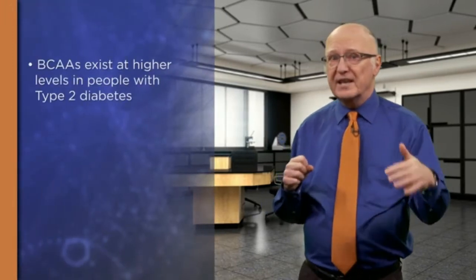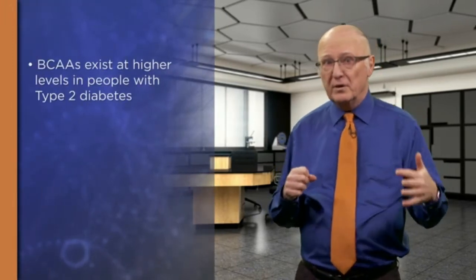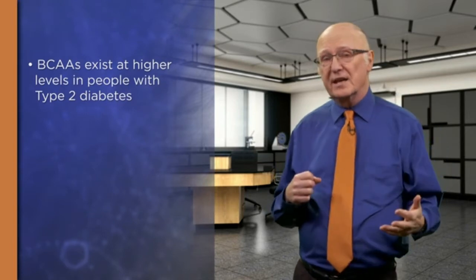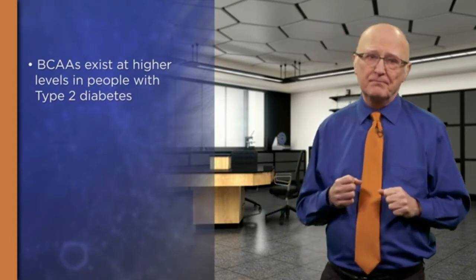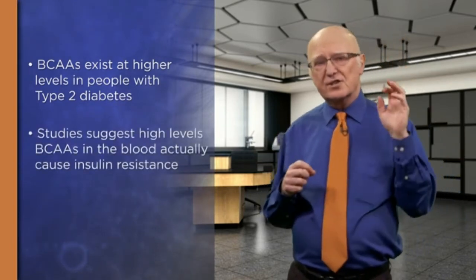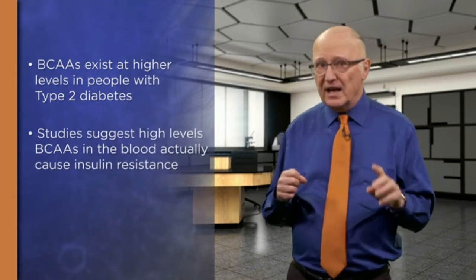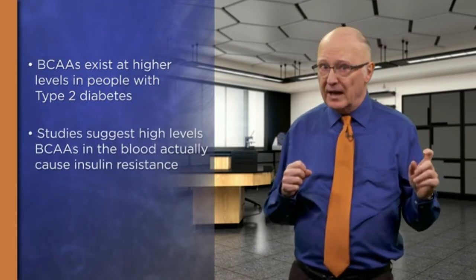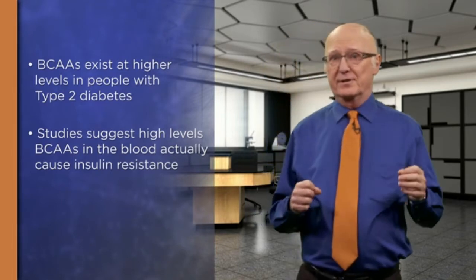Unfortunately, there is a widespread belief that BCAAs are especially effective in helping build muscle. This leads some people to load up on BCAA supplements. That could actually be doing harm because BCAAs are present at higher levels in the blood of people with insulin resistance associated with type 2 diabetes. Worse, recent studies since 2015 suggest that high levels of BCAAs in the blood actually cause insulin resistance.